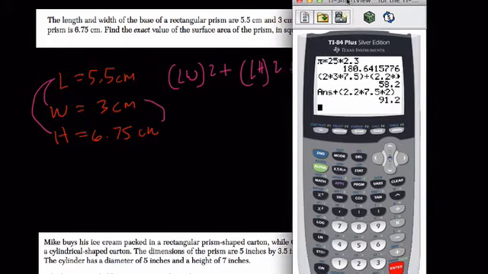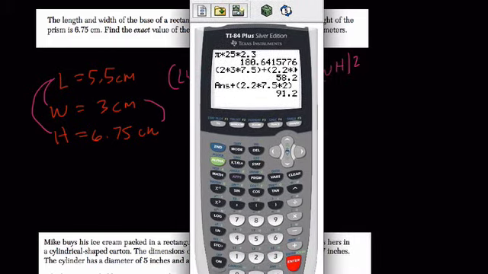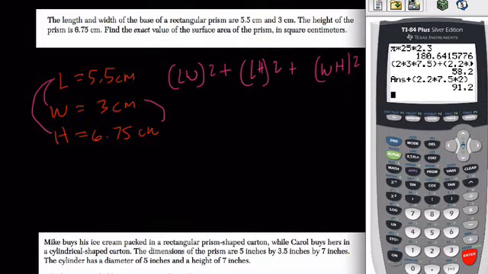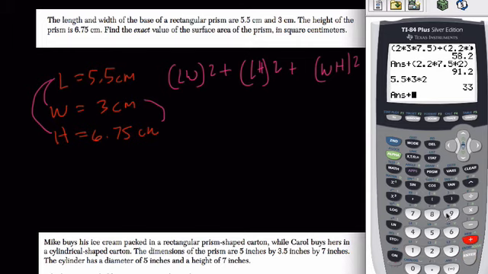So let's take the calculator out here. Okay. So length by width, that's 5.5 times 3 times 2, plus, I'll put parentheses here, length by height, 5.5 times 6.75 times 2, okay, close parentheses, and then plus 2 times the width, 3, times the height, 6.75.